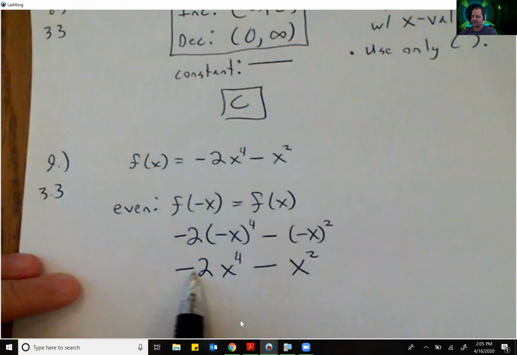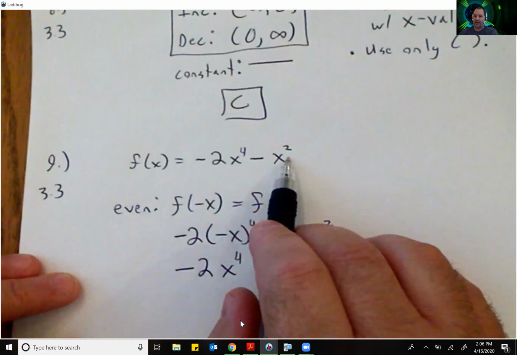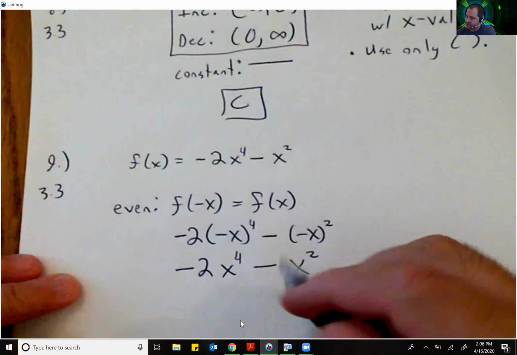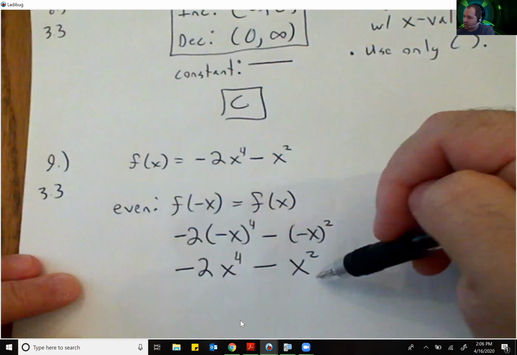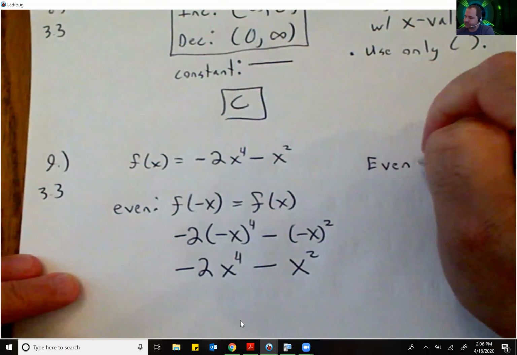Does this match that one? Absolutely. So since they match, that means our function is even.